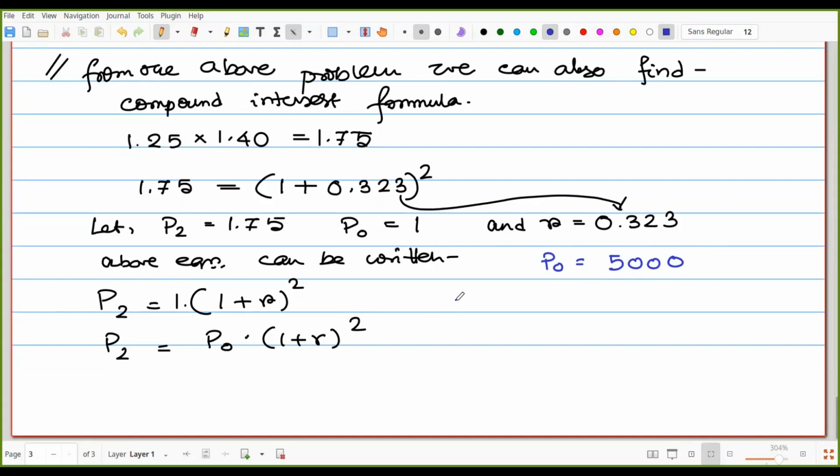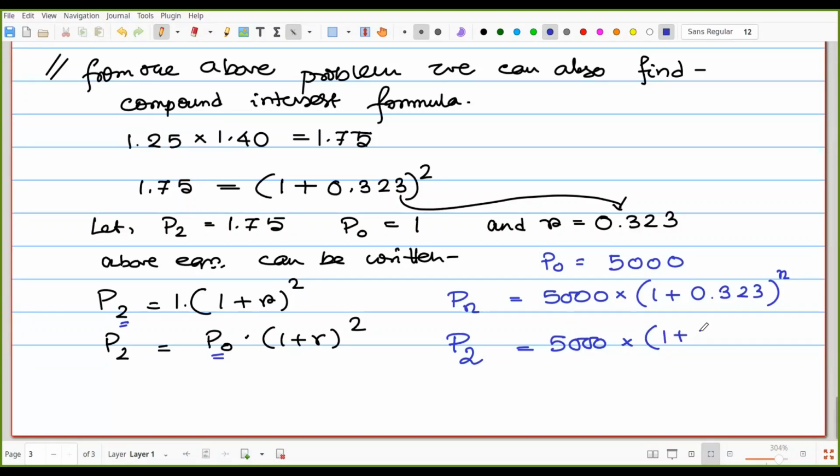So what should it be after n years? The principal amount after n years would be P0 into 1 plus 0.323 whole to the power n. As it is our second year, we can write P2 is equal to 5,000 into 1 plus 0.323 whole square.